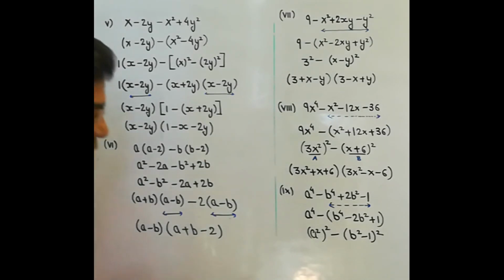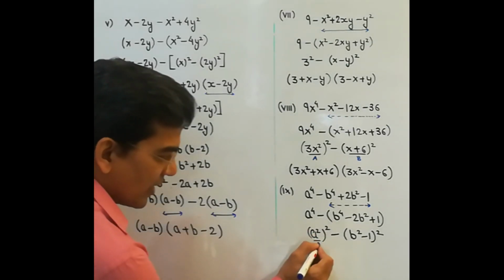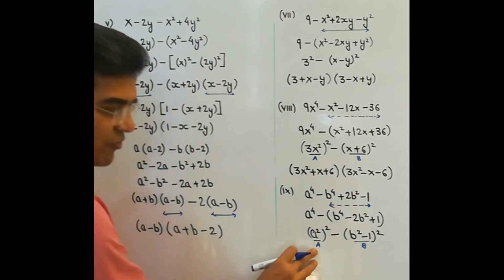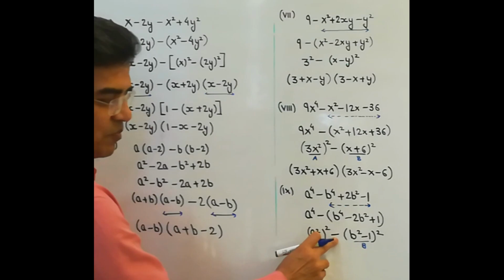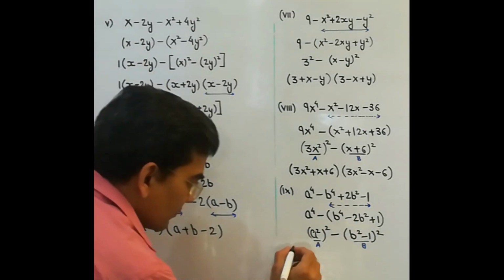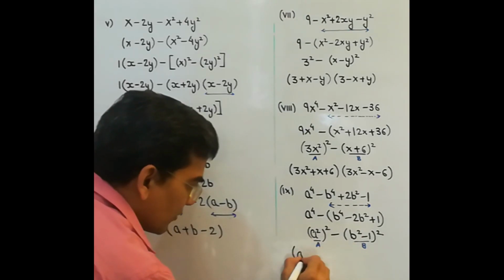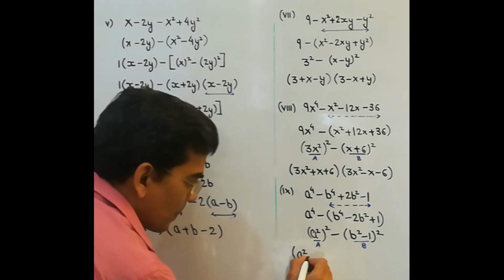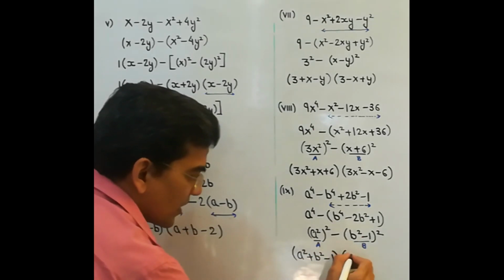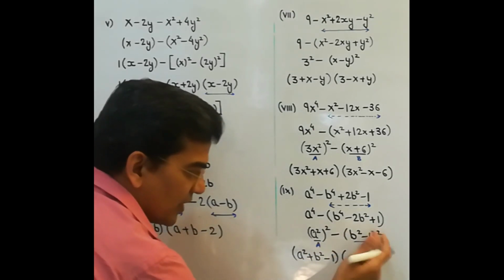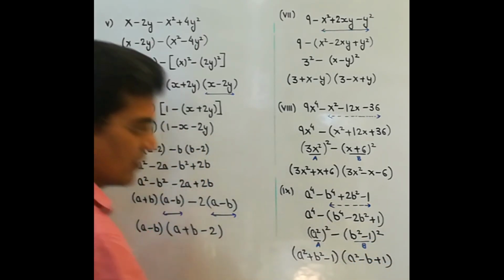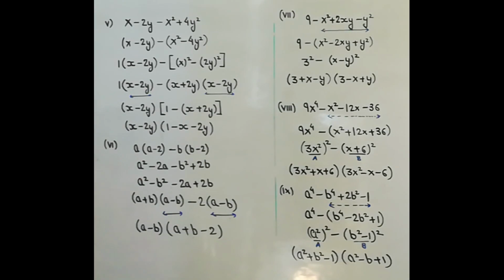So here we can say what we are getting in the first bracket is a, what we are getting in the second bracket is b. So which form is this? A square minus b square. So what will be the result for it? In the first bracket it will be a plus b, and in the second bracket a, then minus b. So when you take minus b, you will change the sign like this. This will be the result.